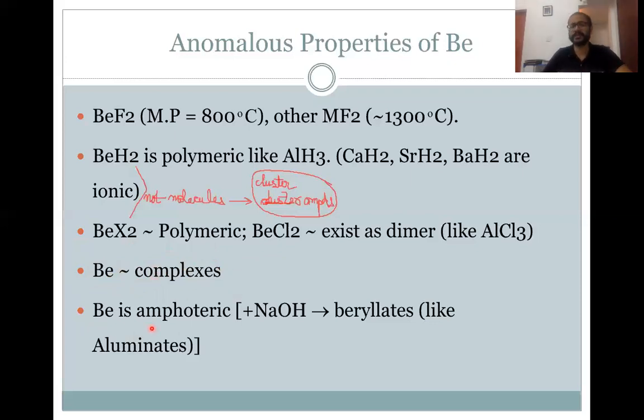Another property, which we discussed when we talked about beryllium hydroxide in the previous class, is that beryllium is amphoteric in nature. Why do I say beryllium as an element is amphoteric? If you remember, when we talked about the reactivity of group 1 elements, we found that they react with acid to form the corresponding chlorides and hydrogen gas evolves, but they don't react with bases.